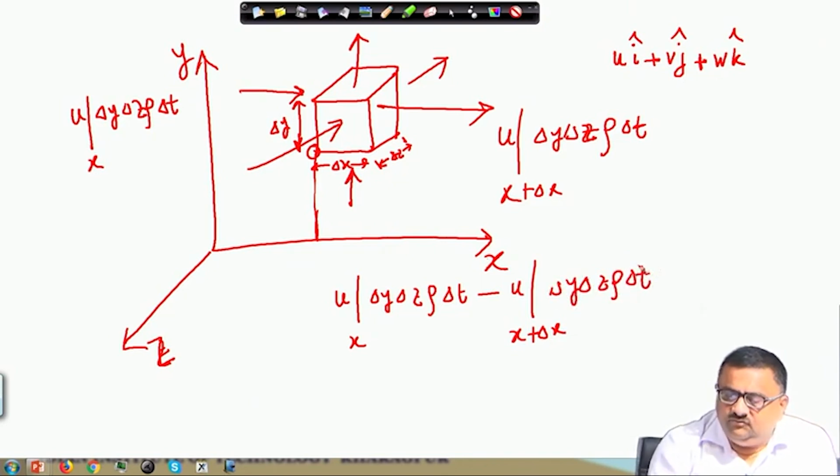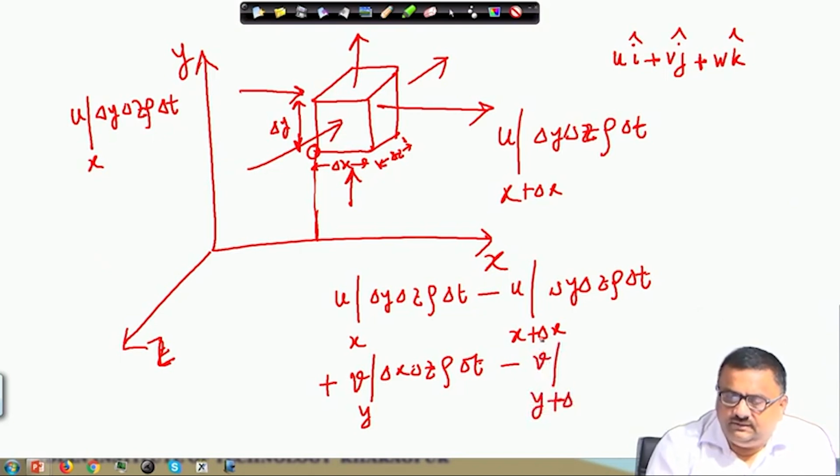This is as far as the u part is concerned. Plus, if we look at the v part, which is y, then v at y, this time with the area delta x delta z: delta x delta z rho delta t minus v at y plus delta y, that is leaving from the top face, delta x delta z rho delta t.